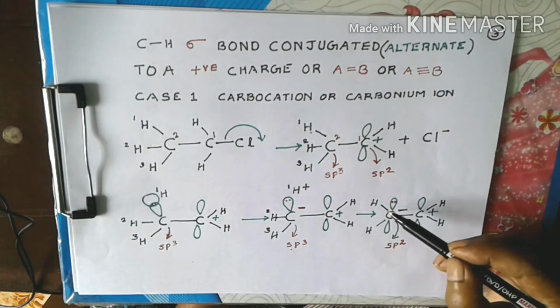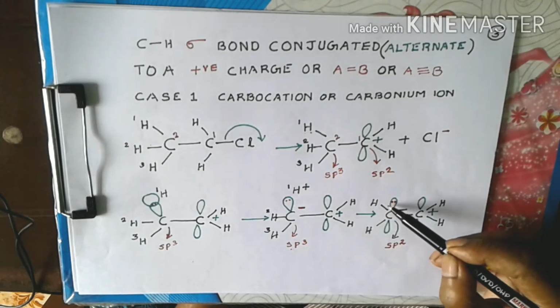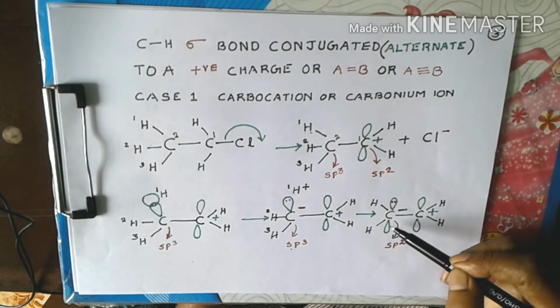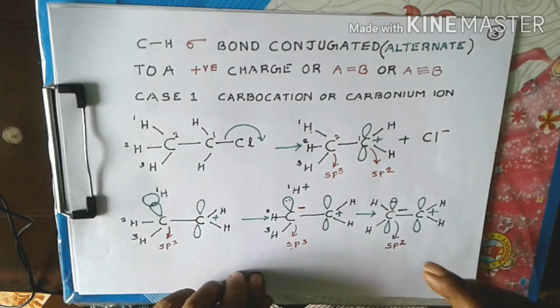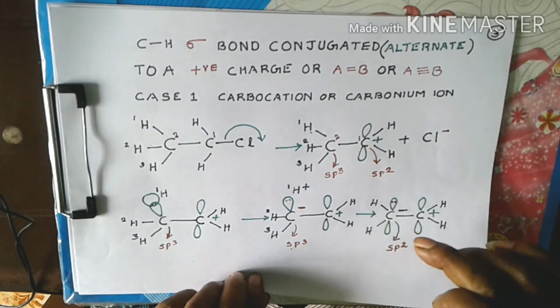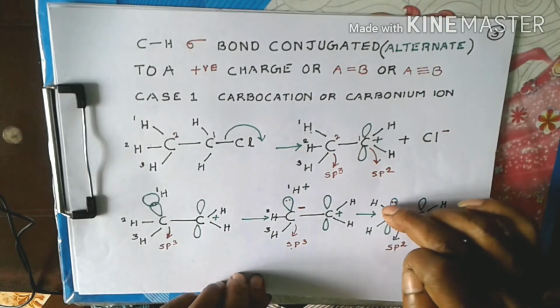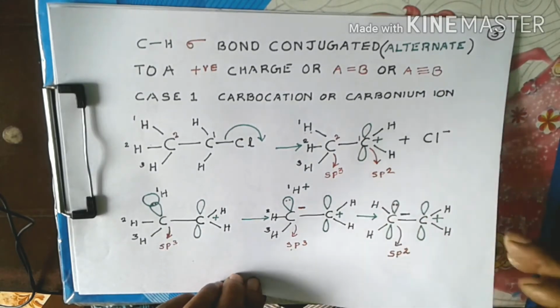Now the angle between this lone pair and the C-H bond will be 90 degrees, and hence there can arise lone pair-bond pair repulsion. So this structure is again unstable due to this repulsion between lone pairs and bond pairs.